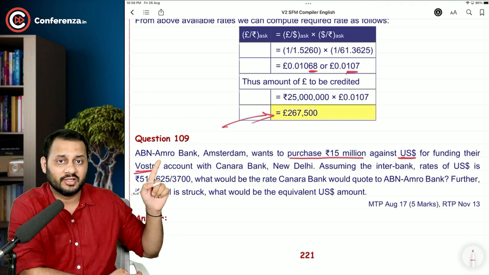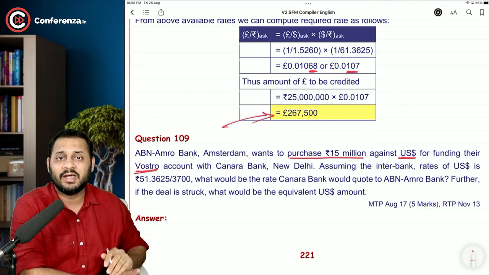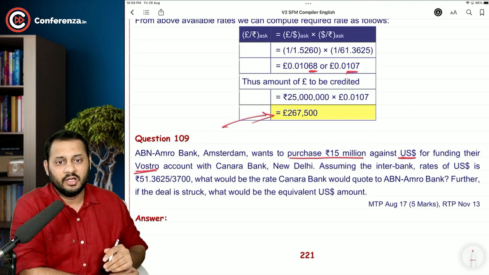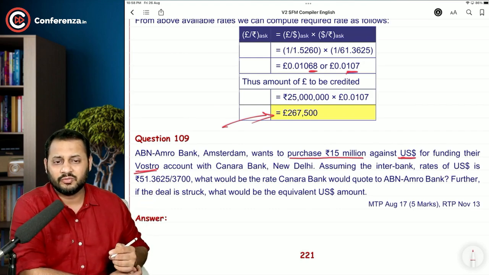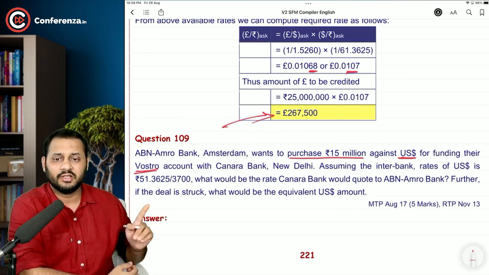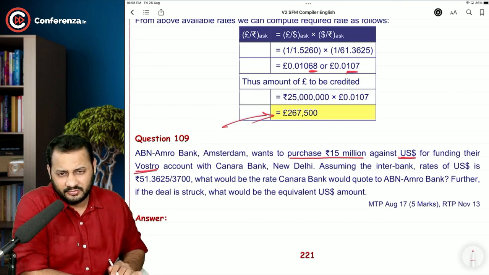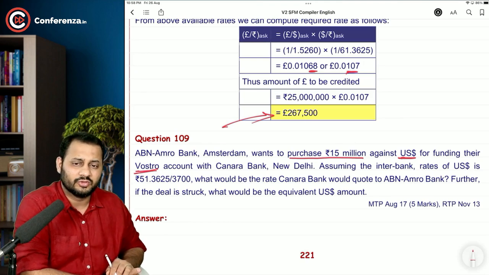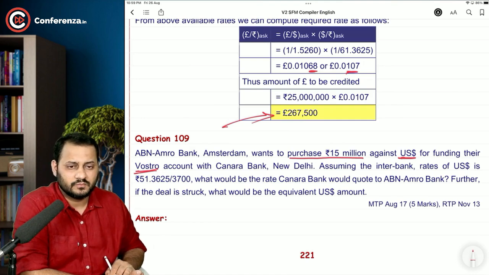Earlier they wanted to fund their Nostro account, but now they want to fund their Vostro account with Canara Bank, New Delhi.